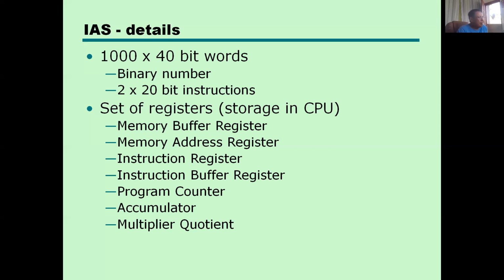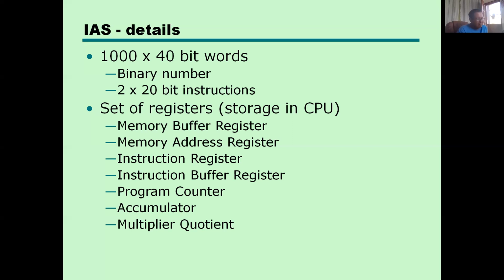Do you follow, no? During load and store, the buffer register stores what is going to be loaded and what's going to be written. The memory address register points to the particular address in memory that is going to be used during load and store.